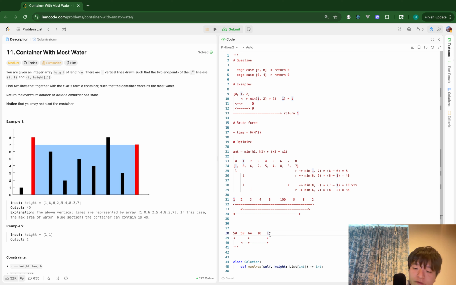At least they're smaller. Maybe this can store more water with this bottleneck because it's wider.